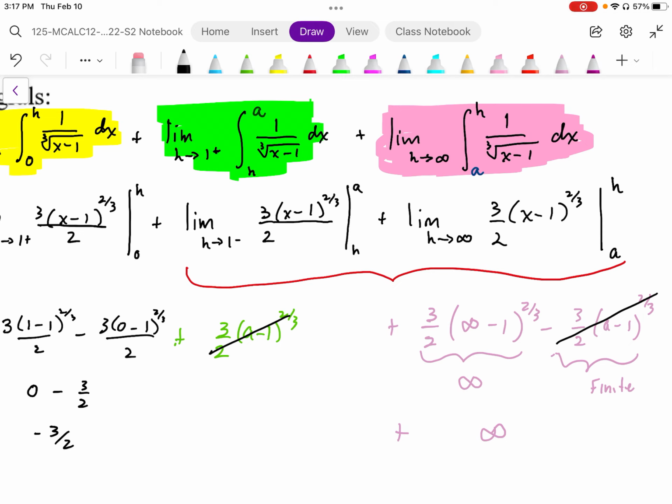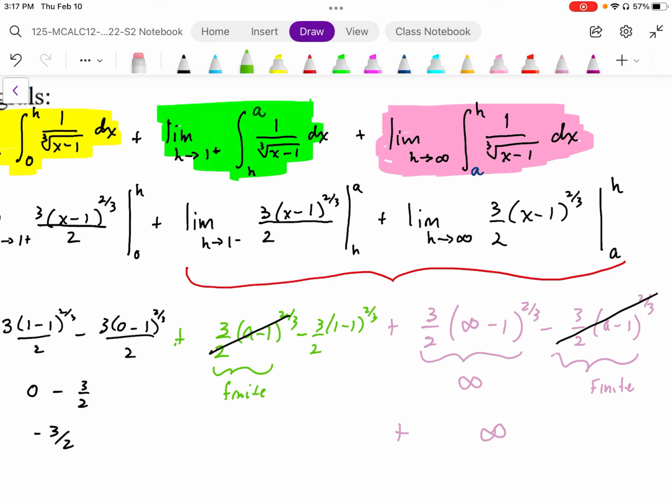This is a finite value that cancels out. And if we actually just integrated it without the A value in there, we would end up with the same thing. So formally we really need to put that A value in there, but realistically we don't really need that in there because they're going to cancel out anyway.